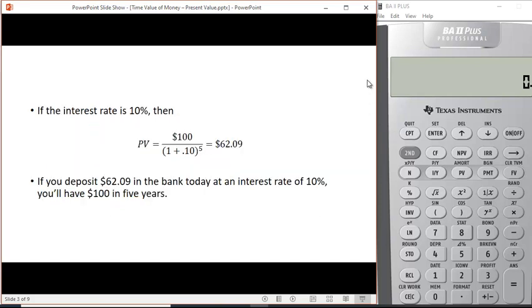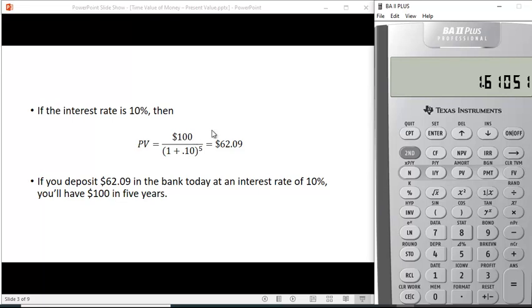So, for example, let's say the interest rate is 10%. Then the present value would be 100 divided by 1.10 raised to the fifth power, and that turns out to be $62.09. Let's verify that. So 1.1, you hit the y to the x key to raise to a power, so hit 5 for the fifth power. All right, this is the number in the denominator.